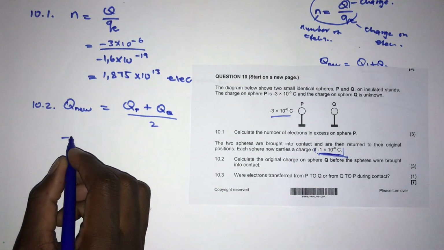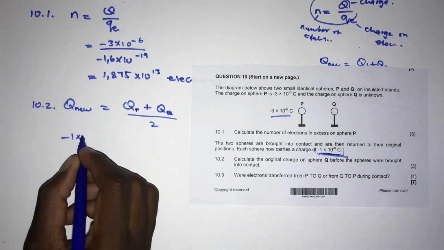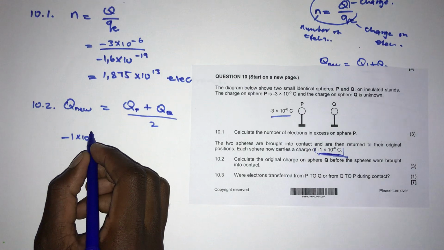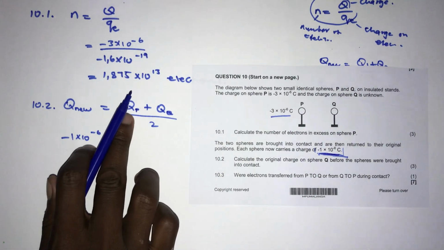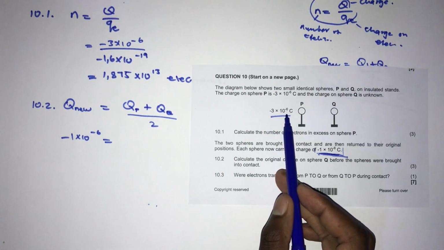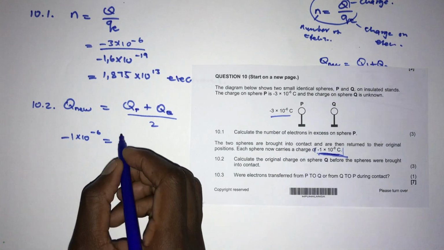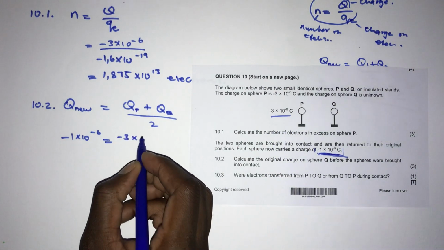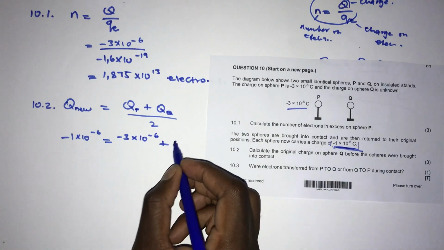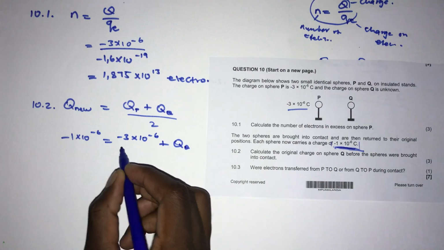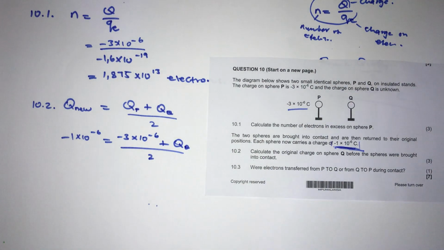So our new charge is -1 times 10 to the -6, equals the charge on P, which is -3 times 10 to the -6, plus the charge on Q, which we don't know, divided by 2.